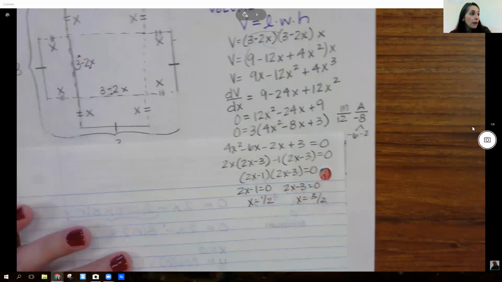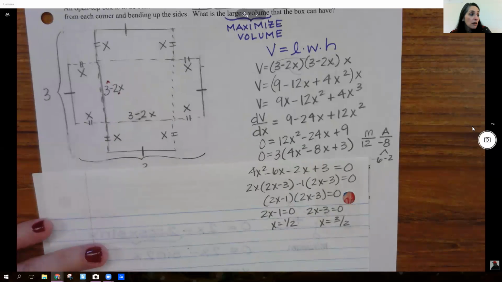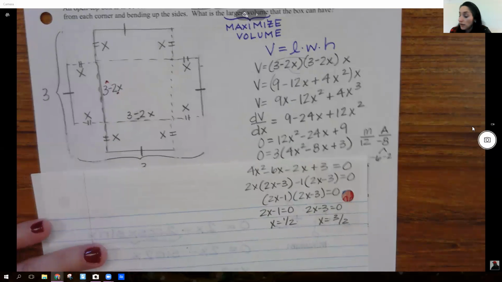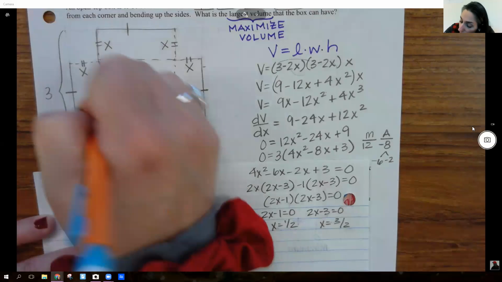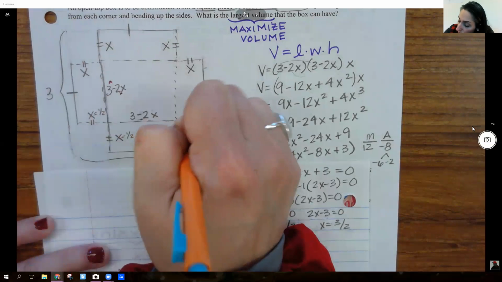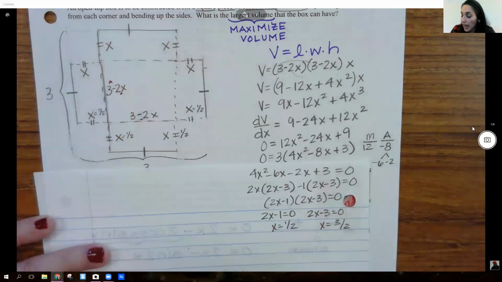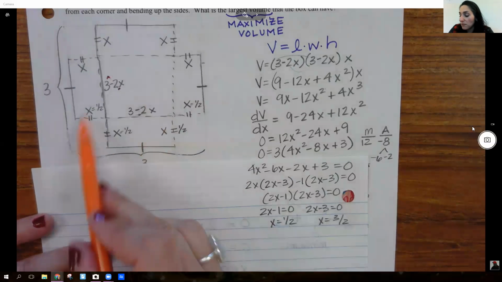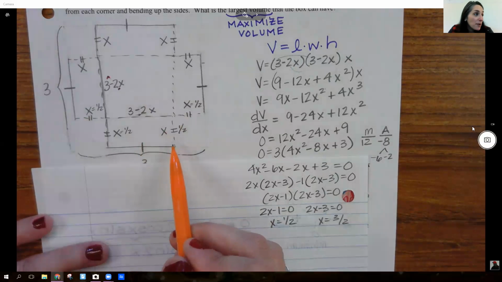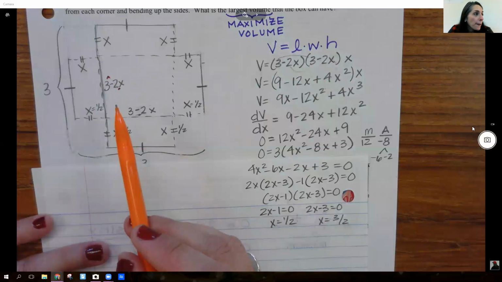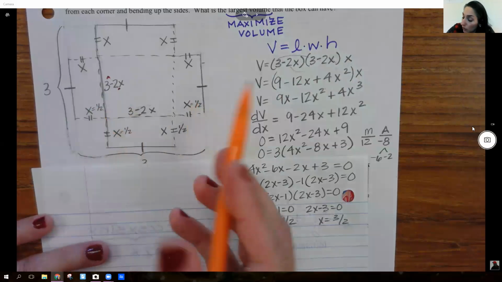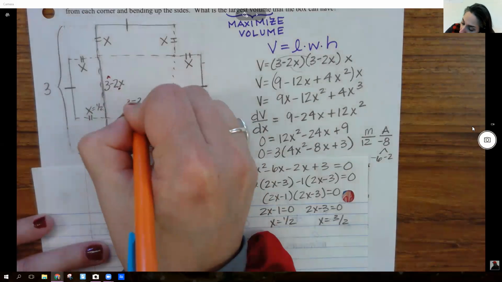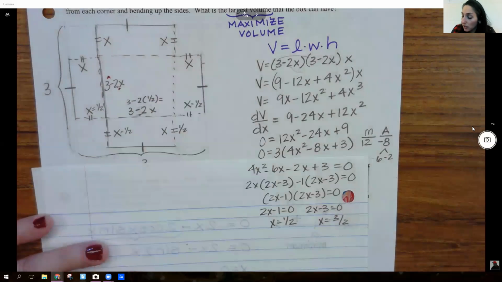Okay, all right. So if I use x equals 1/2, then that means all these little squares have dimensions of 1/2. I'm just writing the ones on the bottom so I don't have to write them all. So if this is 1/2 and this is 1/2, this would be 3 minus 2 times 1/2.